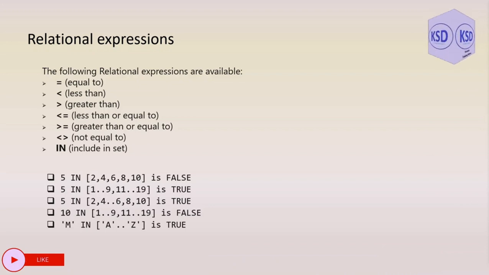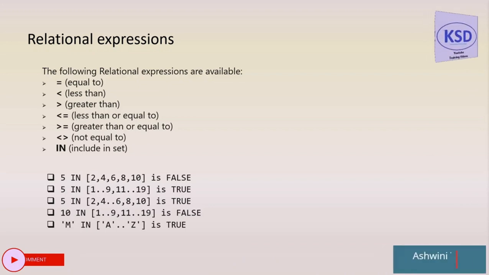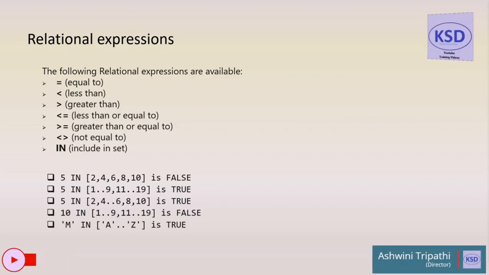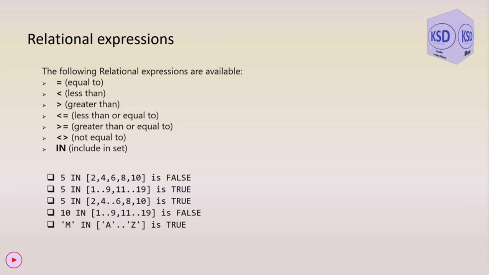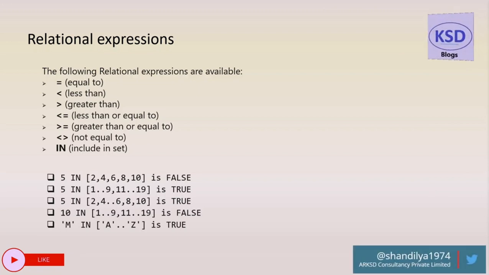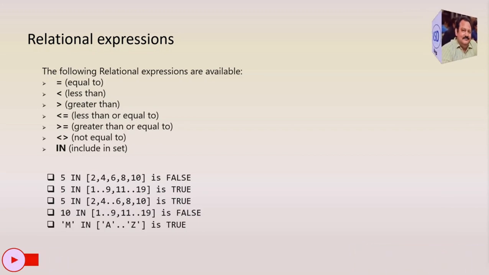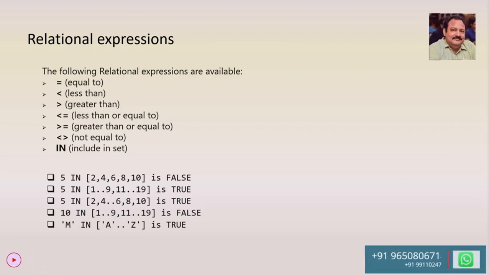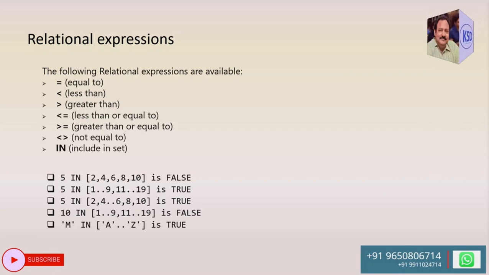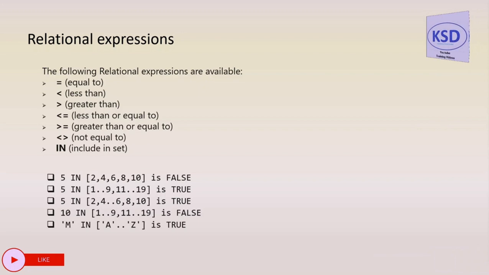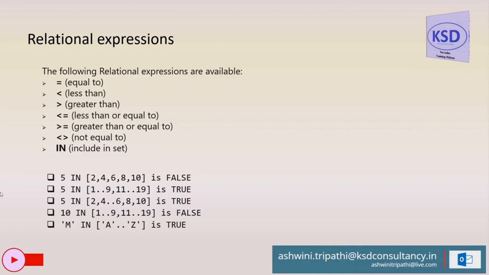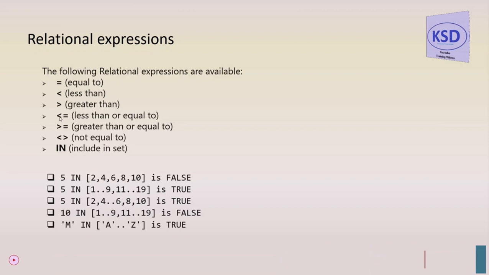Basically we have these relational operators: A is equal to B, A is less than B, A is greater than B, A is less than or equal to B, A is greater than or equal to B, A is not equal to B, and then comes the in operator. The rest of the things I think are clear.